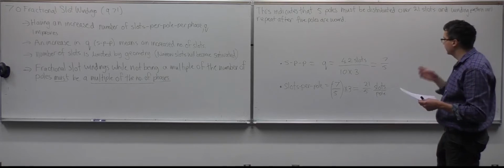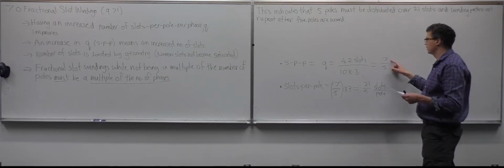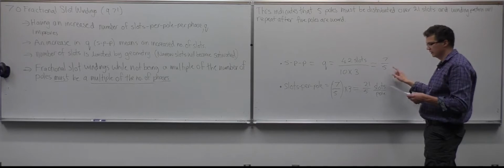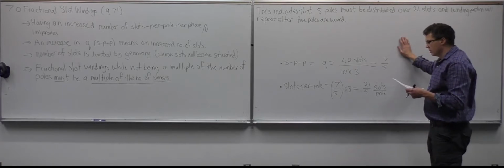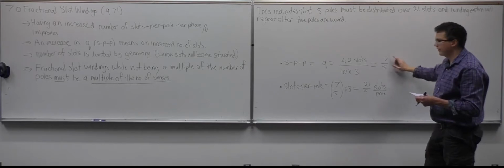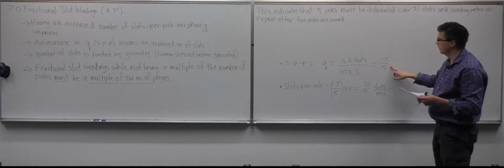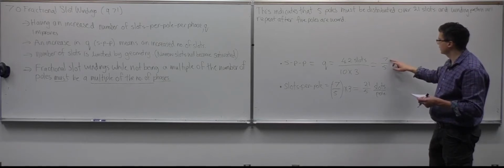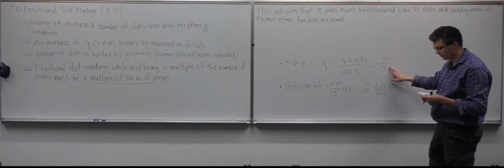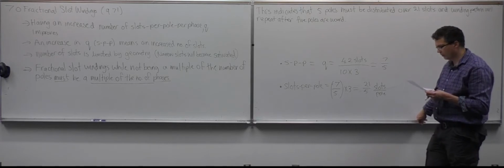Now, the fact that we have 7 over 5 slots per pole per phase means that in 7 slots we have to have 5 poles occupying those slots.